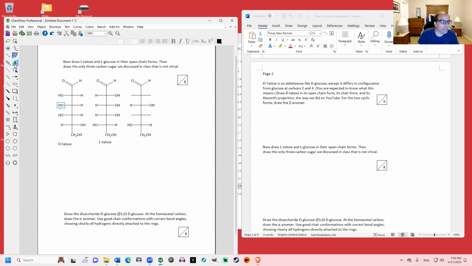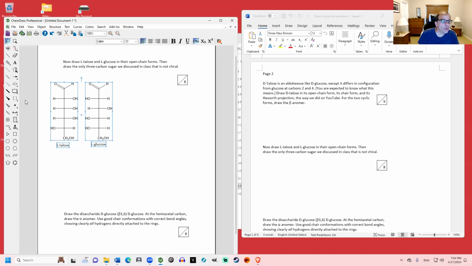L-glucose would be left, right, left, left. L-glucose. So I just drew D-Talos to get L-Talos from it. The people taking this exam could just copy or use as a reference what they had drawn up here. So there's L-Talos and L-glucose.